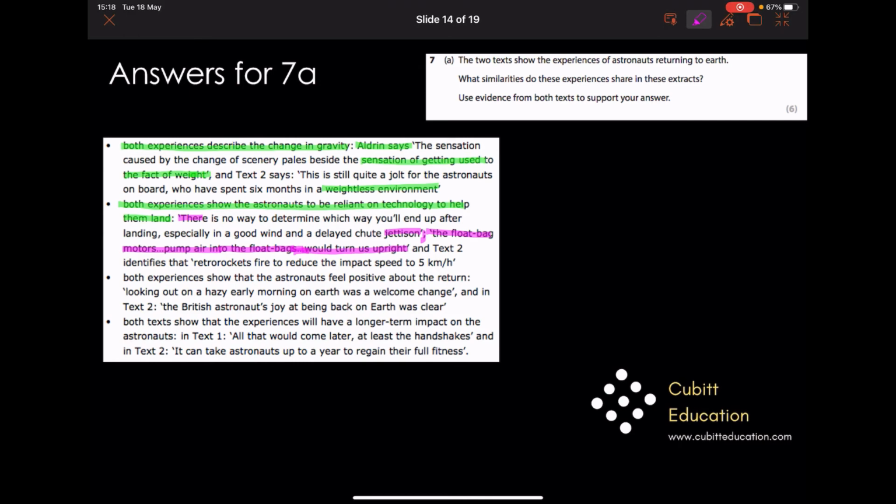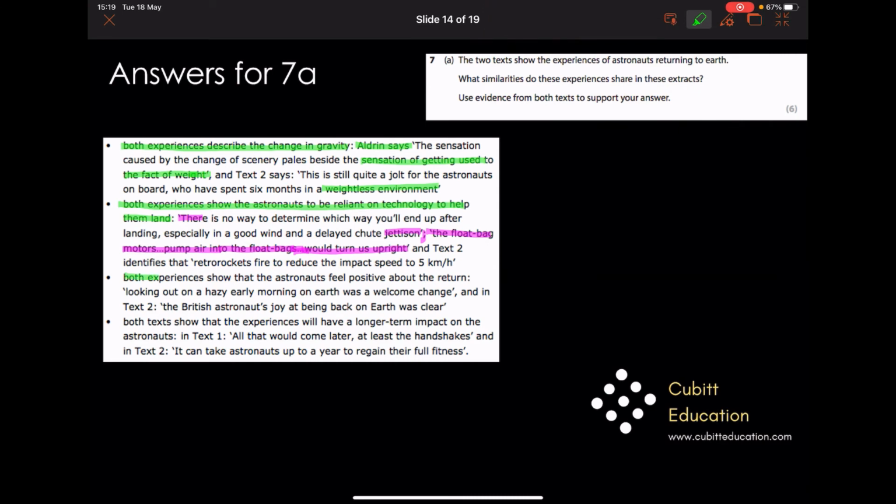Okay, so again it might be a really, really long section of text and you just want to pick out the little bits that you need, so you can just use those ellipses to show that you've missed a bit out. And that's fine. And then text 2 identifies "retro rockets fire to reduce the impact speed to 5 kilometers per hour." Okay, so both experiences show the astronauts to be reliant on technology to help them.